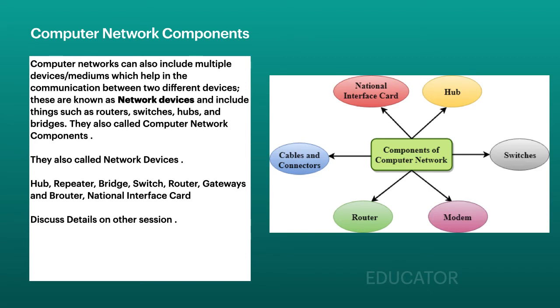We'll discuss them one by one, but not today, in the next session, where we have a lot of things: hub, repeater, bridge, switch, router, gateway, network interface cards, cables, and connectors. We can discuss all these terms in detail.